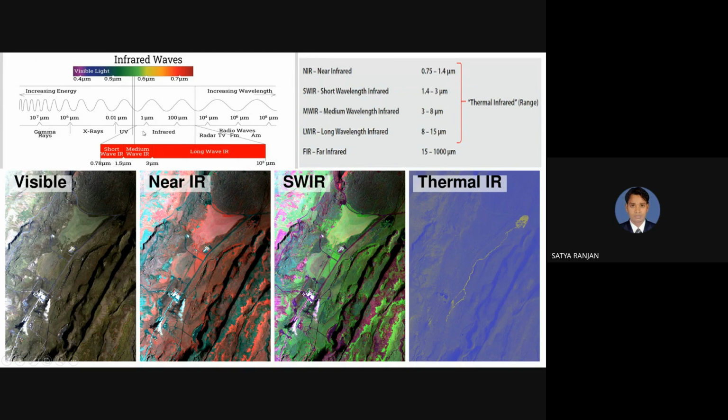From infrared, it increases from 1 micrometer to 100 micrometer, the infrared range. Then radio wave has a larger wavelength, from 10 to the power 4 micrometer to 10 to the power 8 micrometer. I think it is more than 1000 meter. One wavelength is more than 1000 meter. At the same time, in the blue, green, red, it is 0.5 to 0.6 micrometer. So very large difference between the radio wave and visible rays.